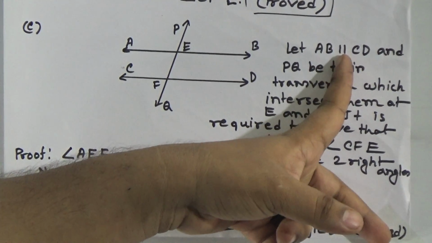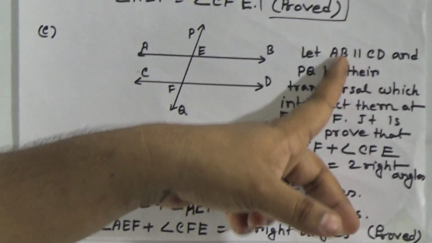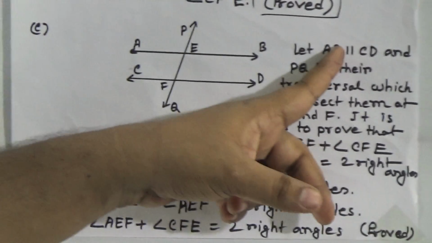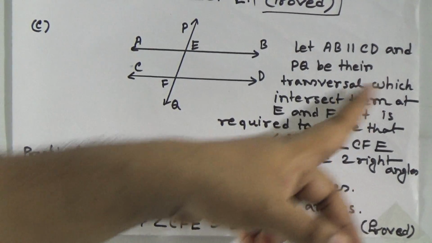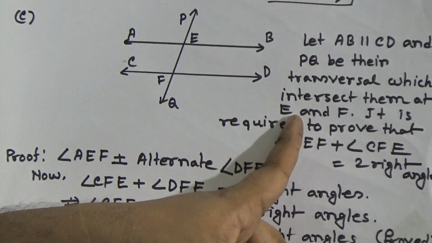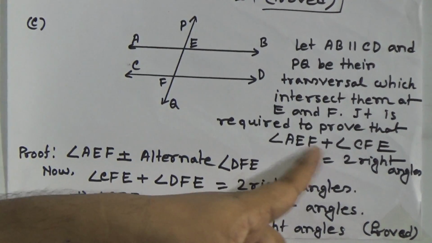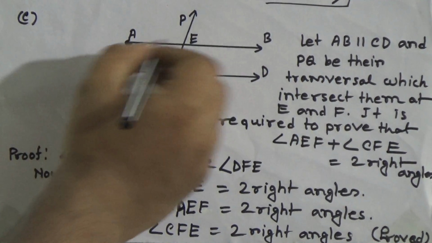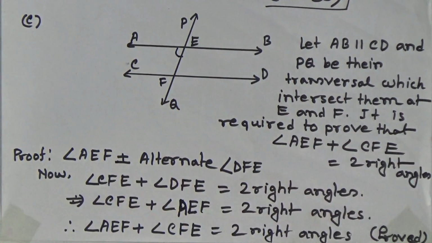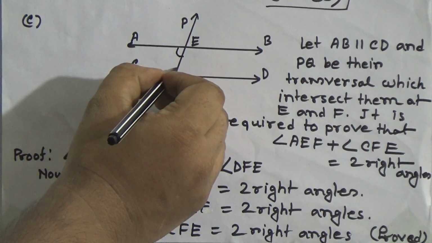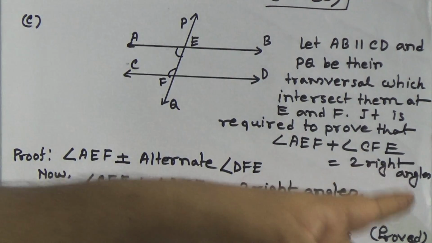This is the parallel sign. If the sign is here, then we can say that these two sides are parallel. That means AB is parallel to CD and PQ is their transversal, which intersects them at the points E and F. It is required to prove that angle AEF plus angle CFE, if I add these two, then we get two right angles.